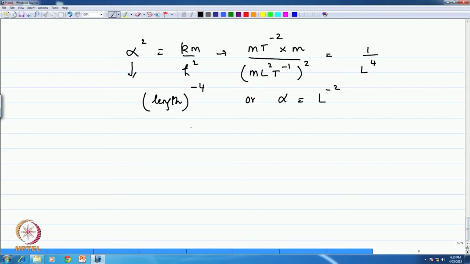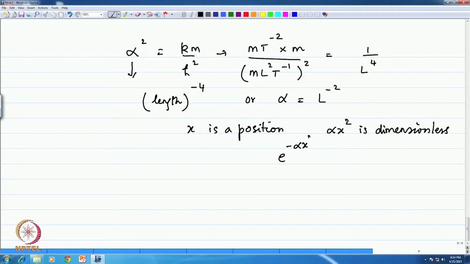That should make sense because x is a position, and therefore it is also the length, a distance from the equilibrium. Therefore, you see that alpha x square is dimensionless. Otherwise, e to the minus alpha x square by 2 does not make sense.